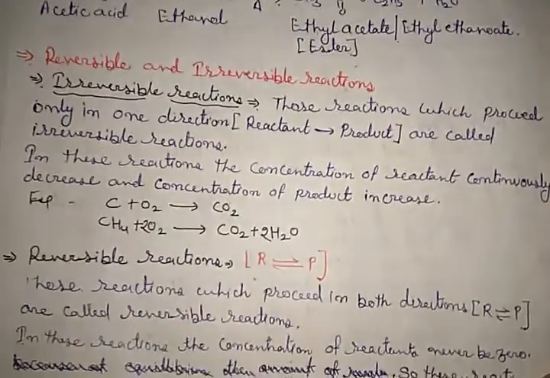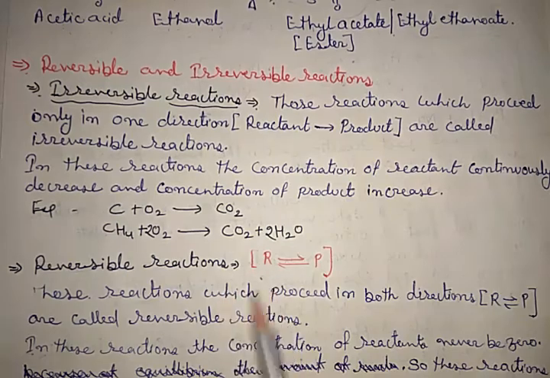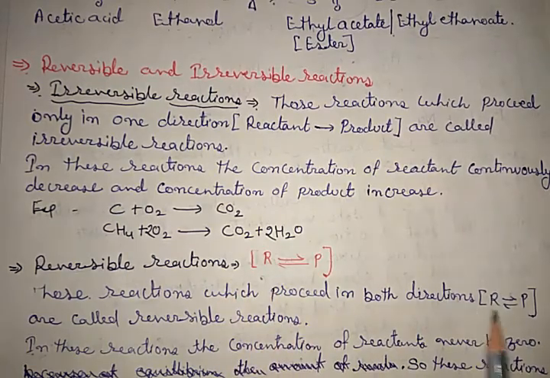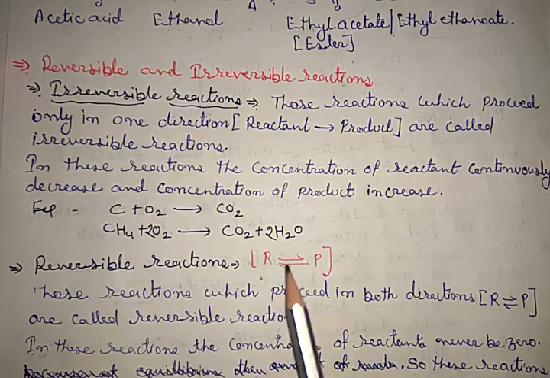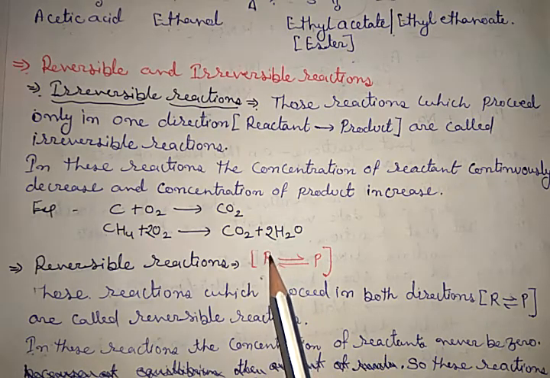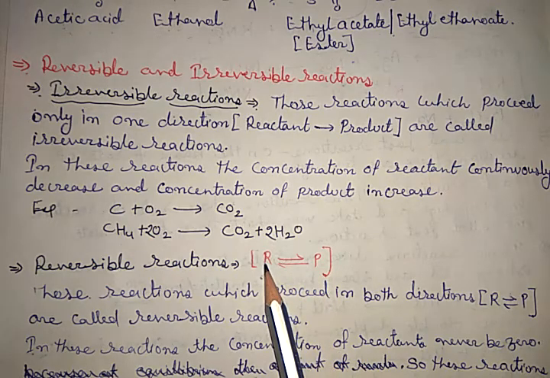Now, reversible reactions: those reactions which proceed in both directions, that means reactant to product or product to reactant. In the starting, the reactant is maximum, and when it converts into product, some amount of product can again convert into reactant.